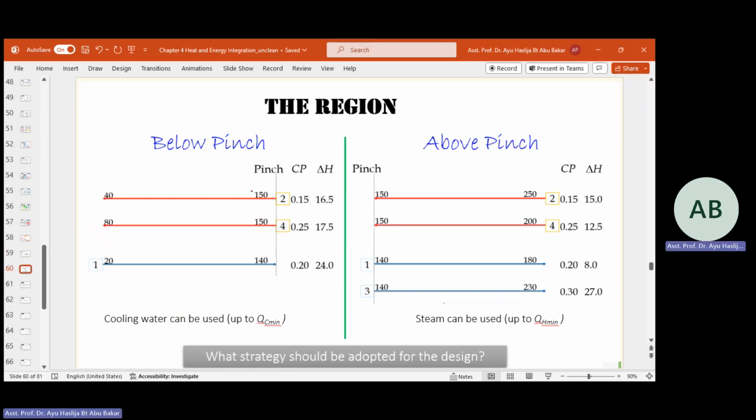Now we go one by one. Below pinch, this is hot, hot, and cold. Cp remains the same for each stream from the given value, but delta H over here is not the same.